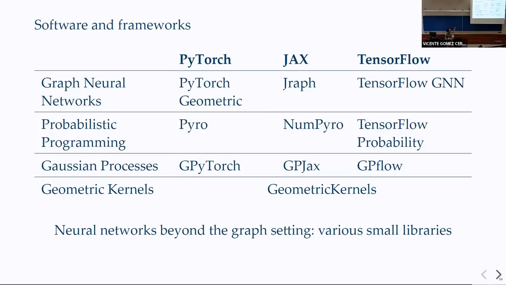And another thing is that in geometric deep learning, there are a lot of libraries that are very well maintained for graph neural networks. But if you are going to do something else, like geodesic neural networks, there are a lot of small libraries of variable degree of support quality and maintenance quality.